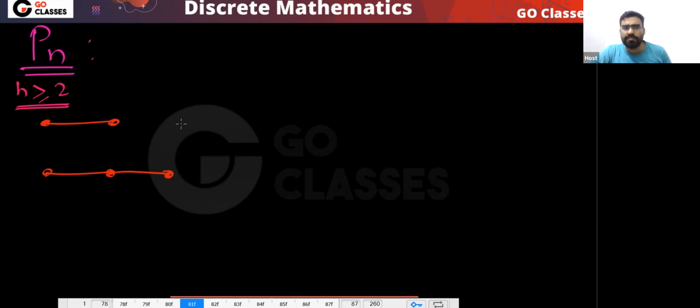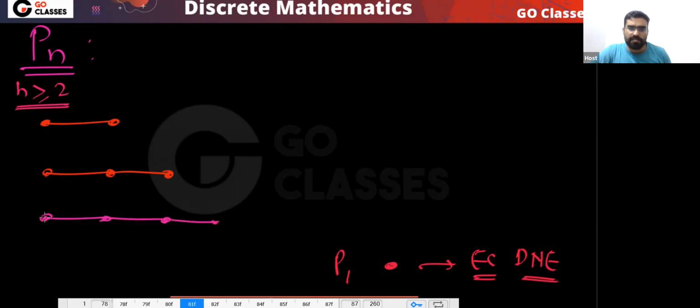Edge cover is not defined. For P1, the edge cover does not exist. So this is the idea. Now tell me what will be beta and what will be beta dash for these graphs.